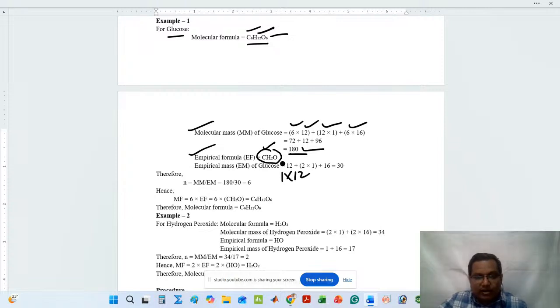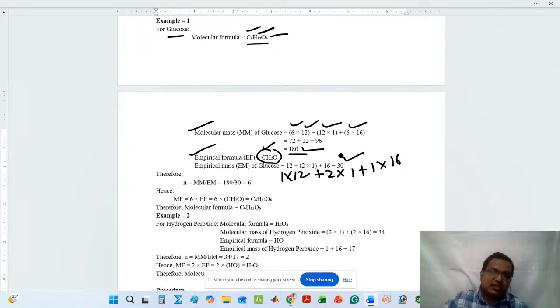Since two hydrogen atoms are present, I can write 2 into 1. Since one oxygen atom is present, I can write 1 into 16. If you add, the total value is 30. That means the empirical mass of glucose is equal to 30.